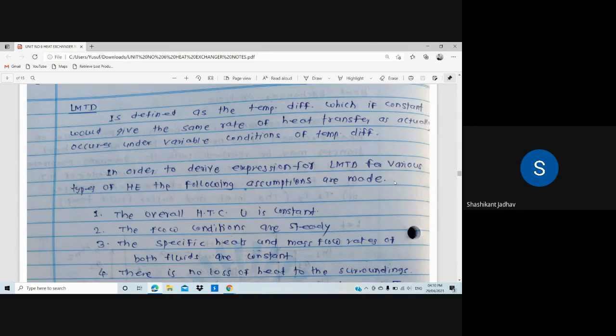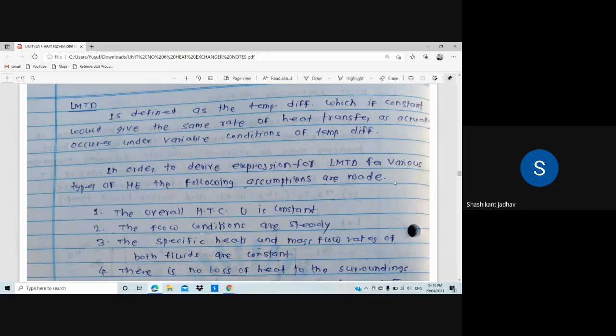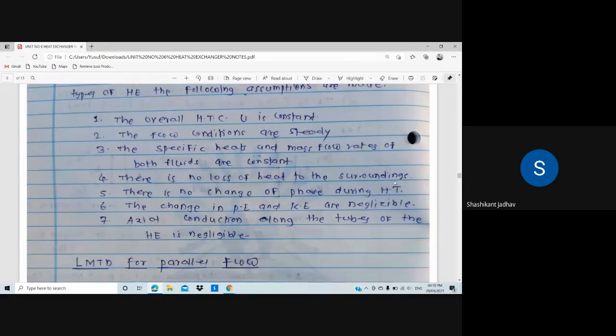Then write down the fourth assumption: there is no loss of heat to the surroundings. So the heat lost by the hot fluid is gained by the cold fluid. We consider that in the system there is no loss of heat.